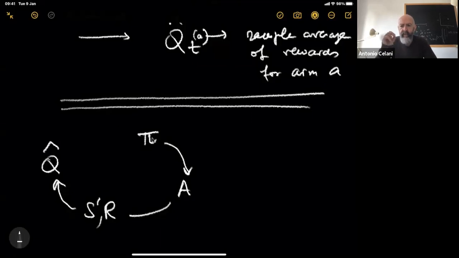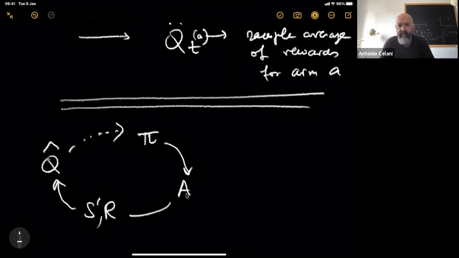The general idea that we want to explore now is that we want to close this loop. At every time step, you have a policy in your hands. So we're going to make this in time. From a certain policy pi at a certain time, we produce an action.